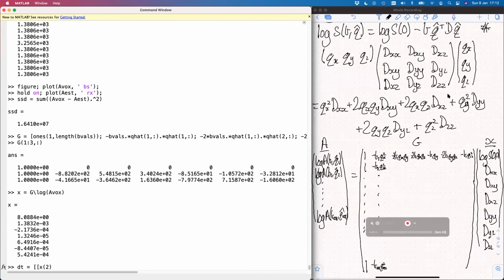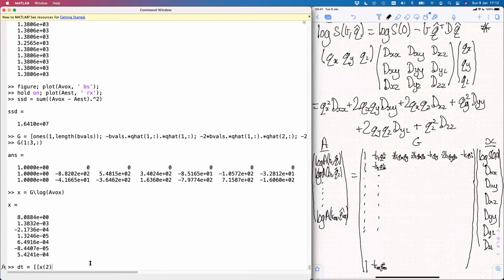So I'm just going to copy all of the numbers into the right positions to get them into a MATLAB array. So DXY is number 3, DXZ is number 4. That's the top row. Then on the second row, we've got DXY, it's number 3, DYY, that must be number 5, and DYZ, that must be number 6.